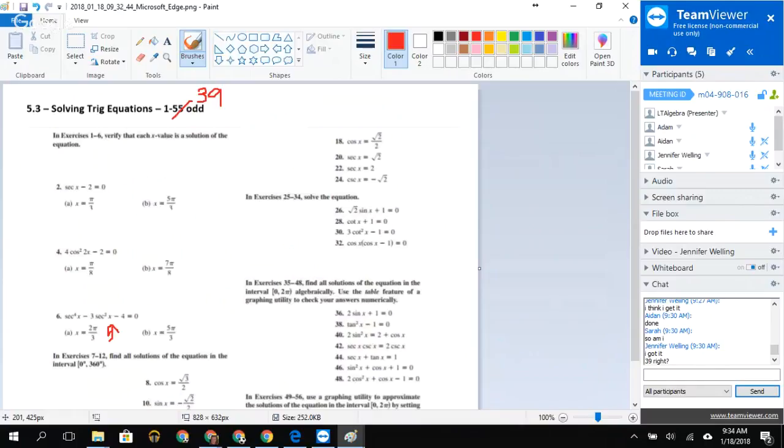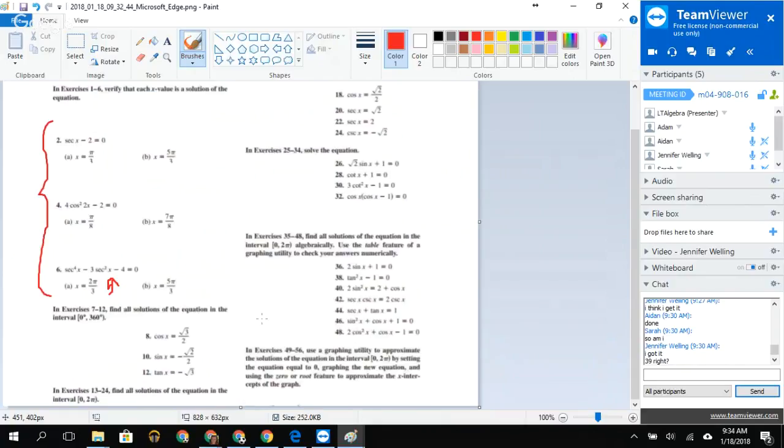The difference from what we've done in the past is that the equations are a little bit more complex. We've got secant to the 4th power minus 1, or 3 times secant squared of x minus 4. So the point is just to be comfortable plugging into a higher-level equation and proving that it's true. All of these are solutions, so you're just verifying that.